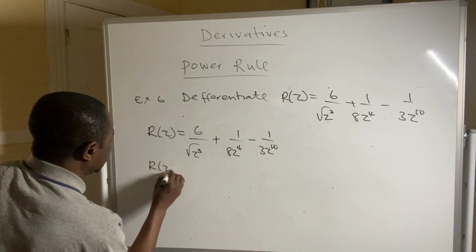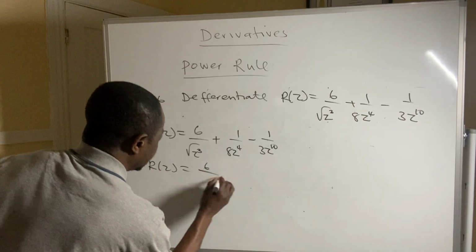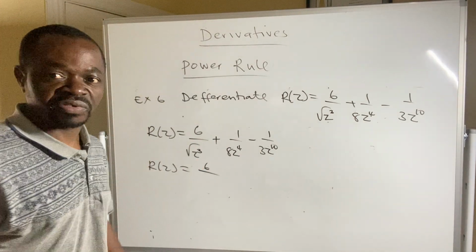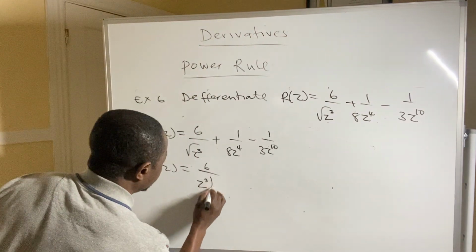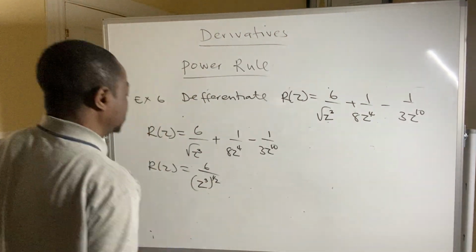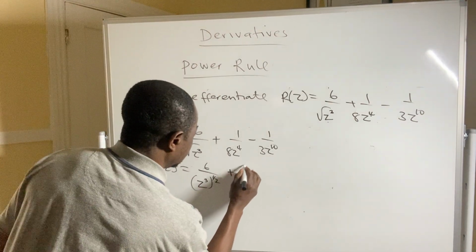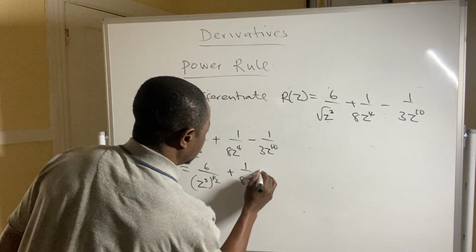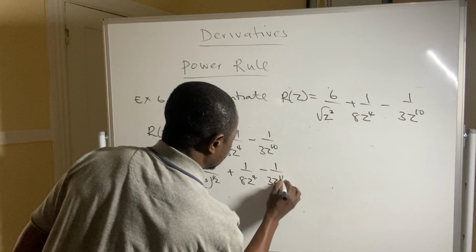So r of z is equal to 6 over square root of z to the power 3, which is the same thing as z to the power 3 raised to the power half. Half is the same thing as the square root. Then this is plus 1 over 8z to the power 4, and minus 1 over 3z to the power 10.